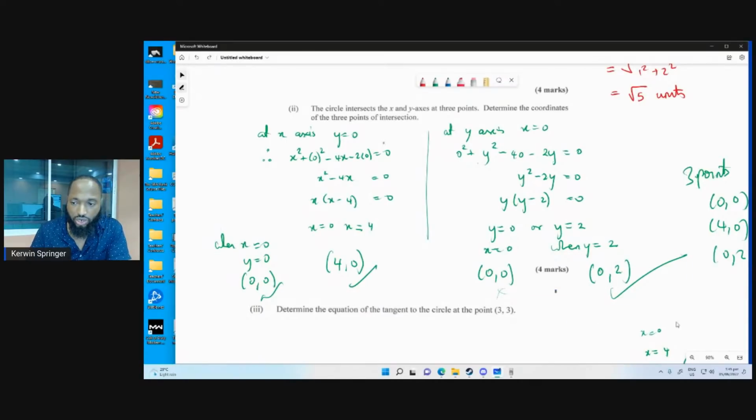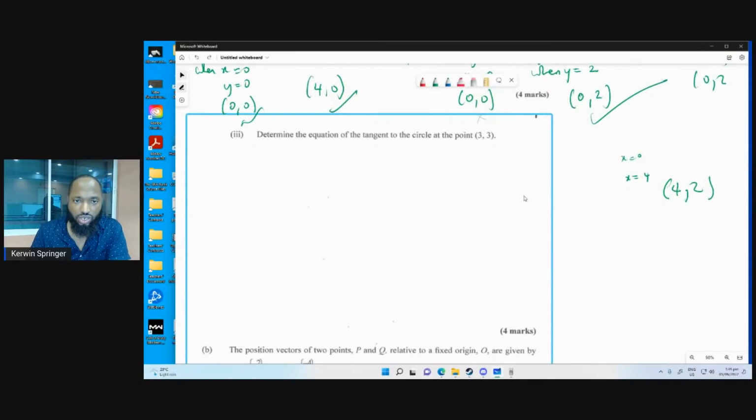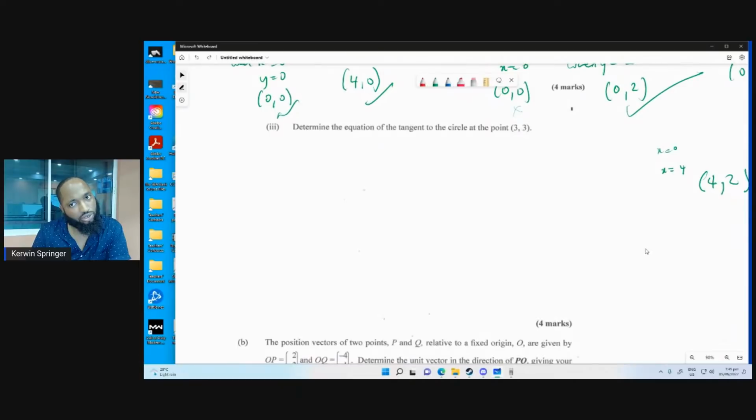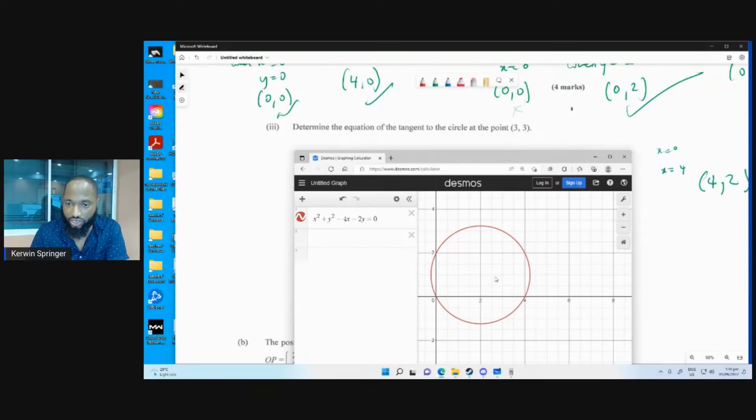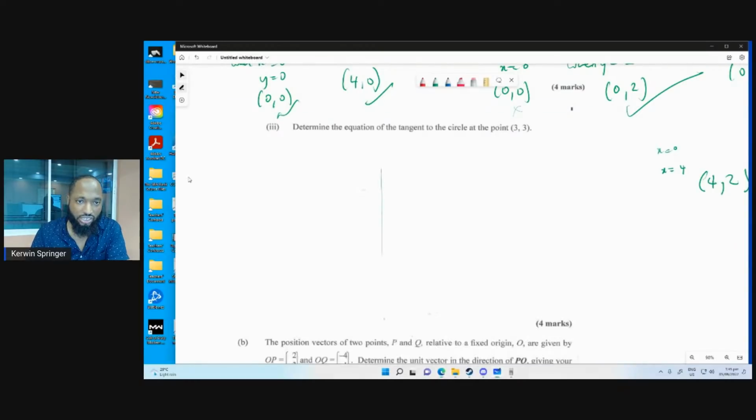Okay, so let's go again. Determine the equation of the tangent to the circle at the point 3, 3. Now we have a good description of how the circle should look. The circle looks like this, and we want a tangent at the point here. They asked to determine the equation of the tangent, so all we need is the gradient of the tangent.